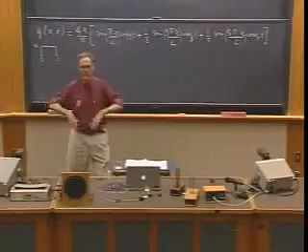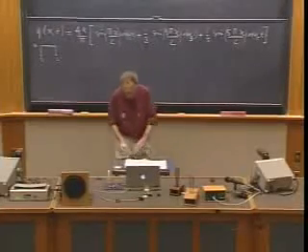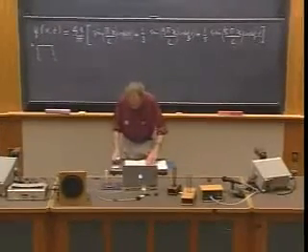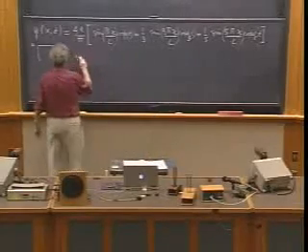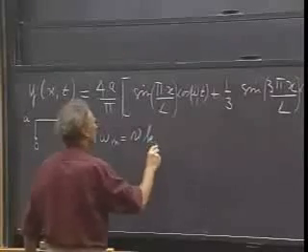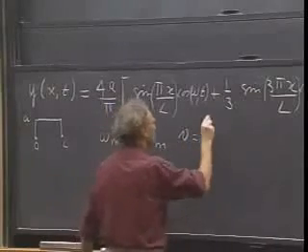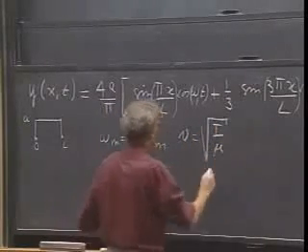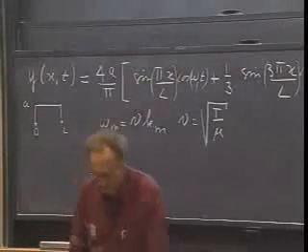And so each one of these is going to do this with its own amplitude and with its own frequency. And omega m is going to be v times k of m, and the speed of propagation is the square root of T divided by mu. And that's what's going to happen.